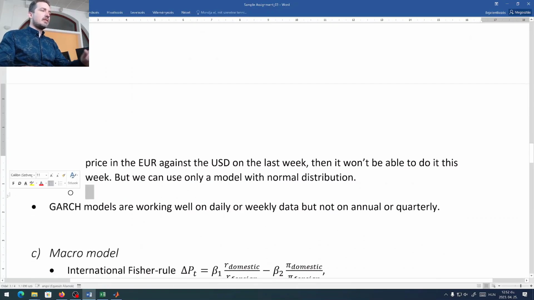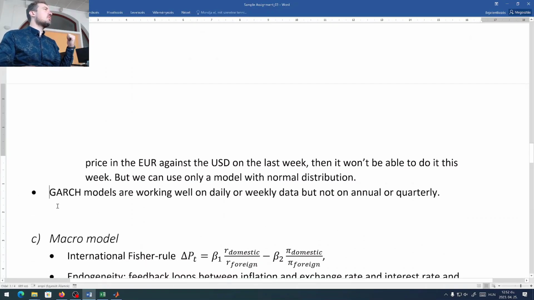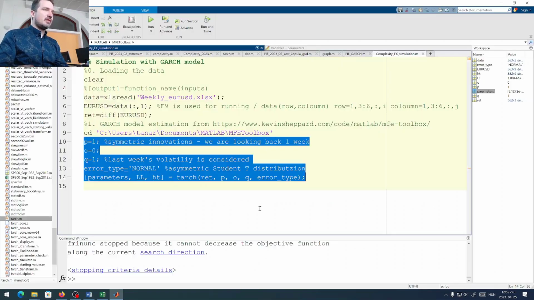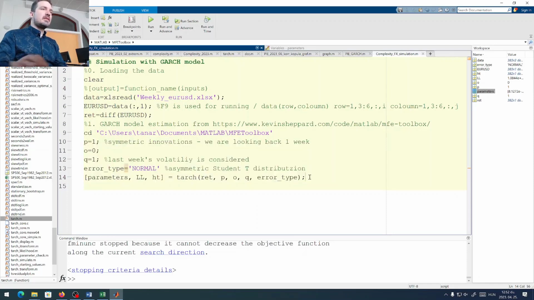Usually it's not the case, but cocoa and euro US dollar are somehow really nice from a statistical point of view.